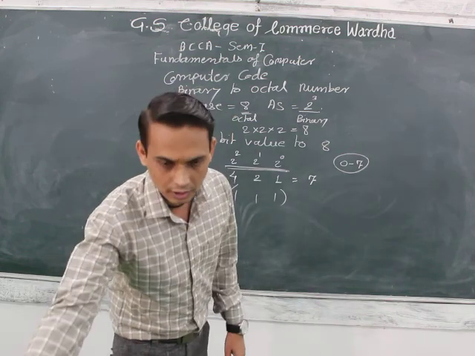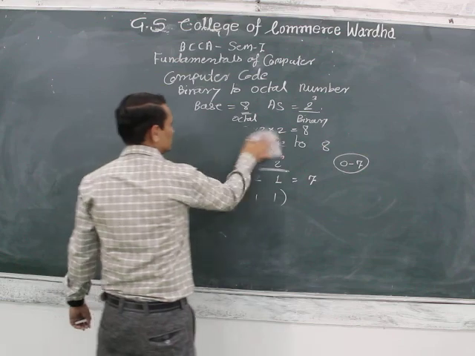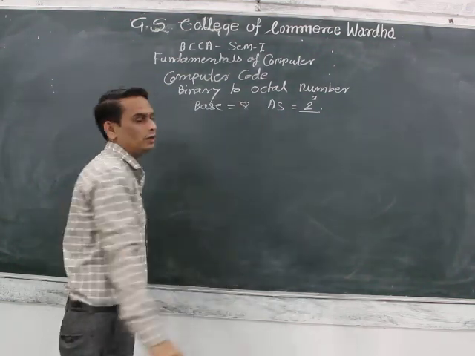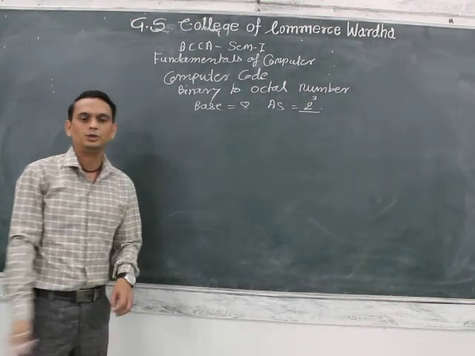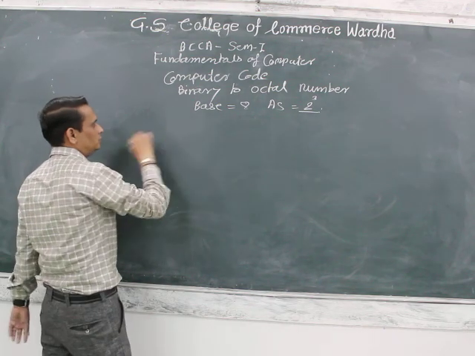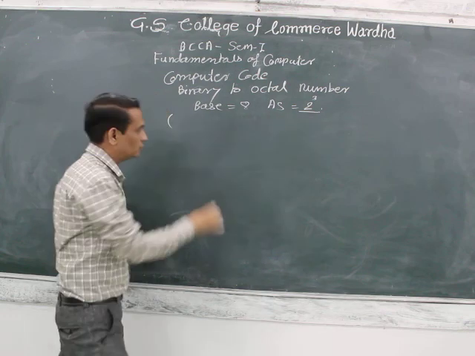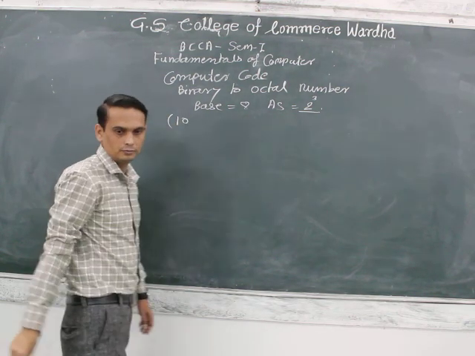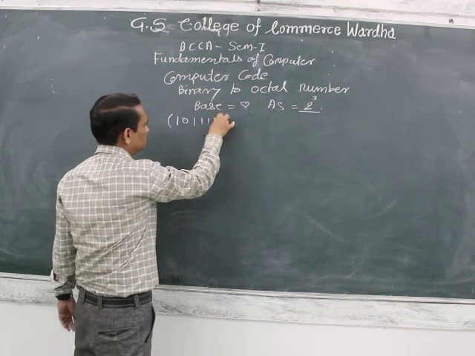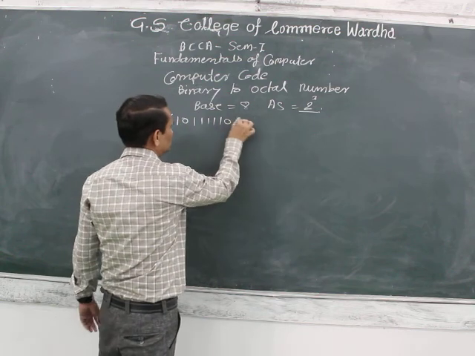So how can a binary number be converted into an octal number using 3-bit values? For example, we have a binary number 1 0 1 1 1 1 1 0 0.